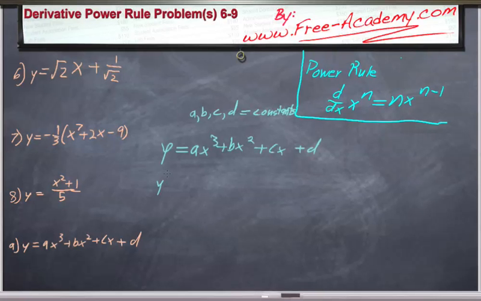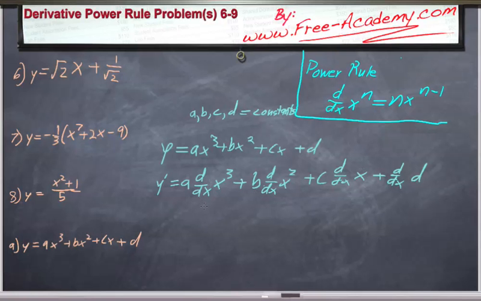So to find the derivative, y prime, we take all of our constants out in front, and we multiply through our derivative: d by dx of x cubed, and so on, down to d by dx of x plus d by dx of d.